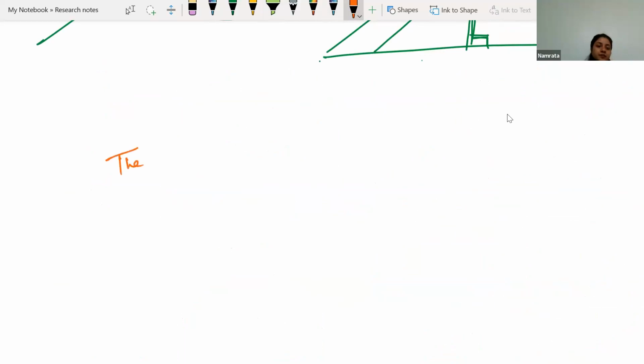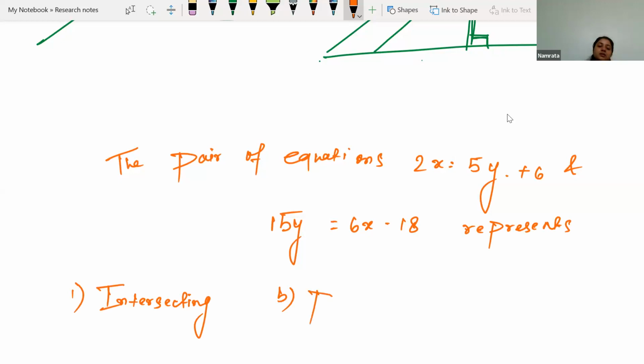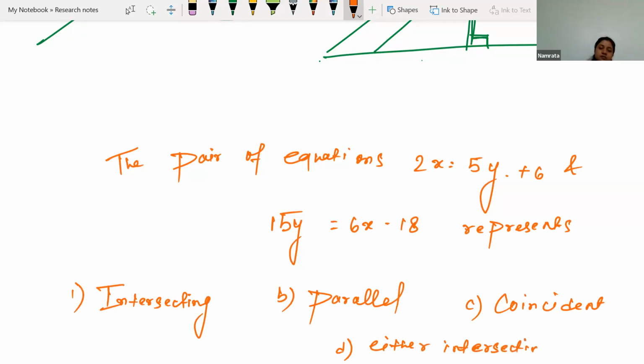The pair of equations 2x equals 5y plus 6 and 15y equals 6x minus 18 represents: intersecting lines, parallel lines, coincident lines, or either intersecting or parallel.